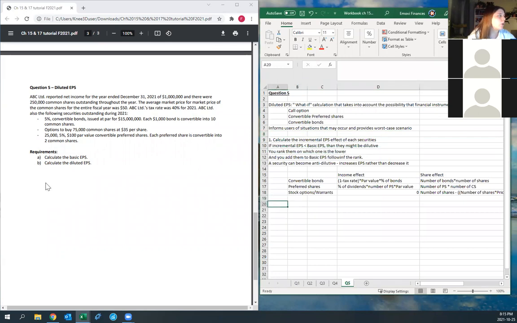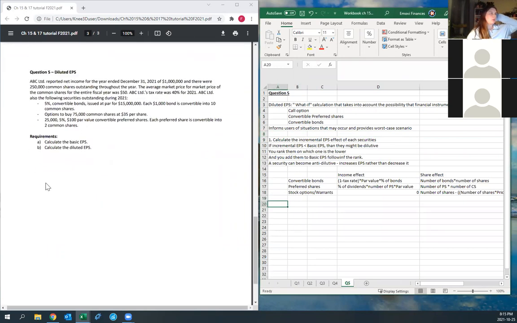All right, so question 5. ABC Limited reported net income for the year ended December 31st, 2021 of $1 million, and there were 250,000 common shares outstanding throughout the year. The average market price for common shares for the entire fiscal year was $50. ABC Limited's tax rate was 40% for 2021.